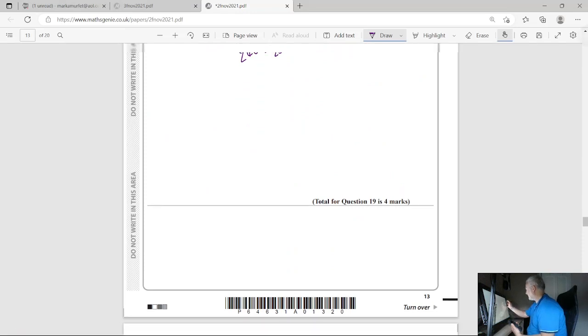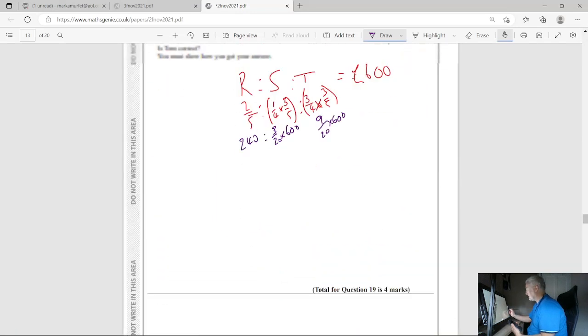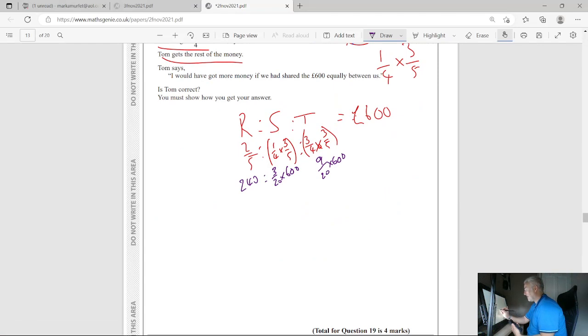I'm expecting that value because remember this fraction here, if we made that 20ths, she's already taken out 8/20. 4 times 2 gives me 8, 4 times 5 gives me 20ths. And if I had all of my money, 8 plus 9 gives me 17, plus 3 gives me 20 out of 20. So that's all my parts.